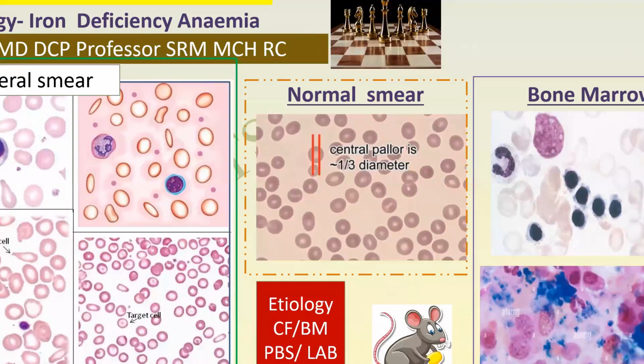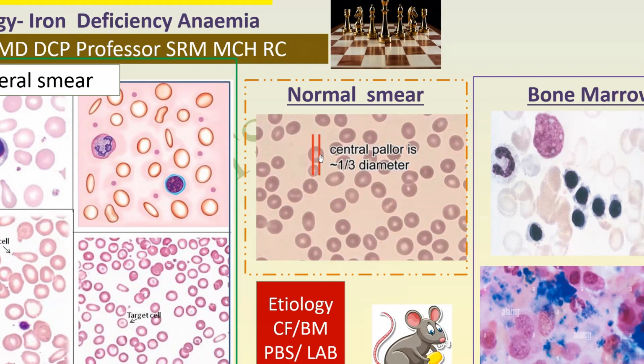In hematology, there are two things which are of paramount importance. We cannot ignore them at all. One is the peripheral smear, two is the bone marrow smear. Now, what I am showing you is a normal peripheral smear in which the RBCs are more or less equal, and there is a central area of pallor which is not exceeding 1/3 of the diameter.